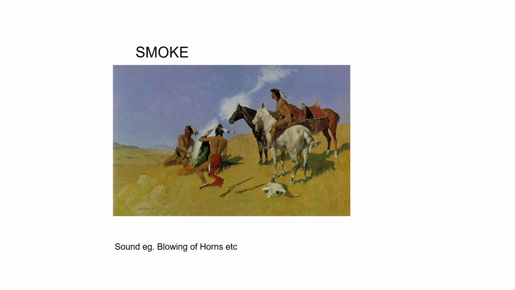Other than smoke, we also have sound, like the blowing of a horn to symbolize probably people going to war, but basically it would convey something. So a signal is simply information traveling from one place to another.